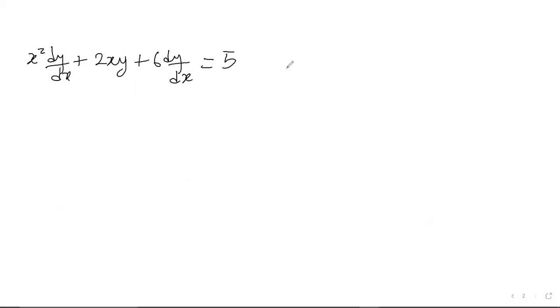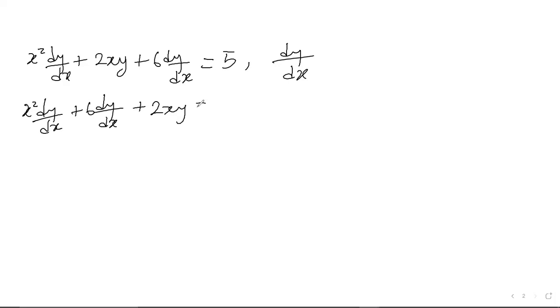So since we are looking for dy/dx, now we are going to collect like terms, bring all the terms that have dy/dx on them together, and the ones that don't have dy/dx, group them on the other side. So this x squared dy/dx plus 6y dy/dx, okay, plus 2xy equals 5.